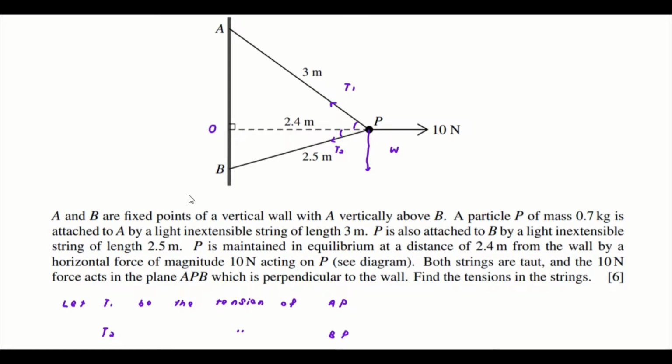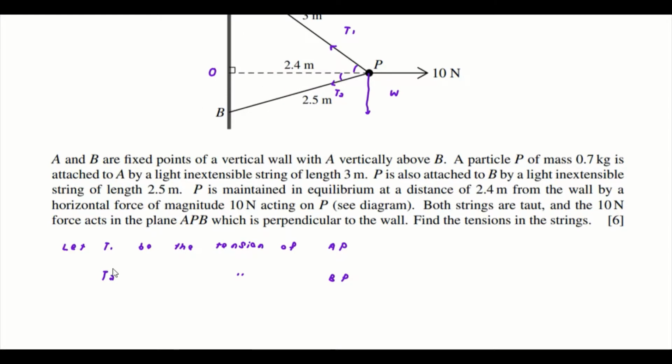If you want to write, you can let O be the foot of the perpendicular line from P to AB, just to indicate what you're actually finding.